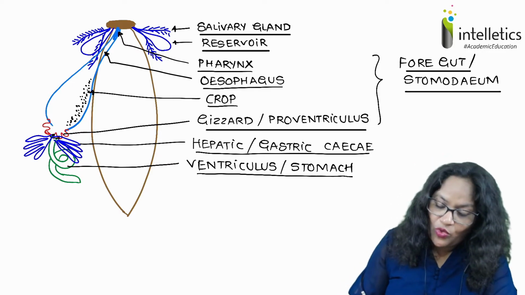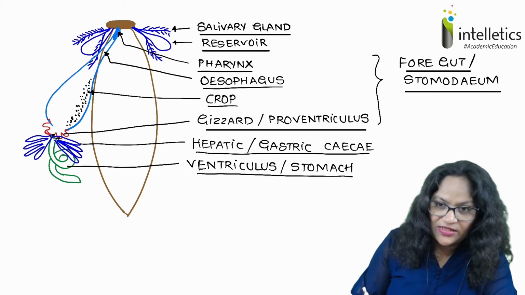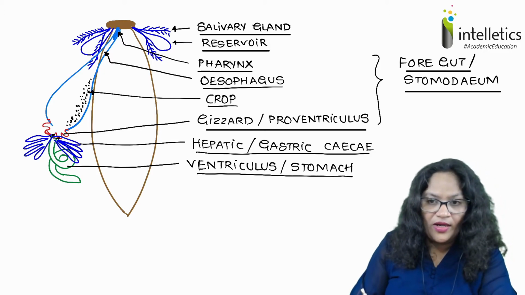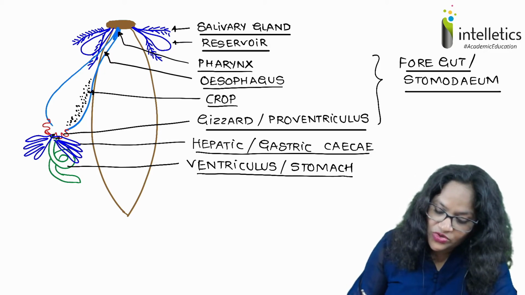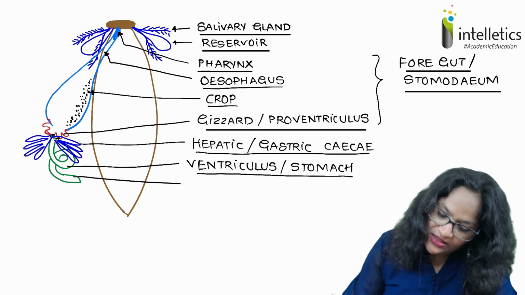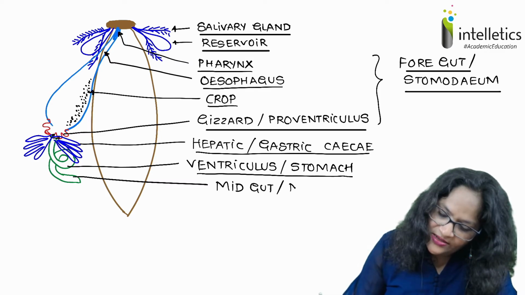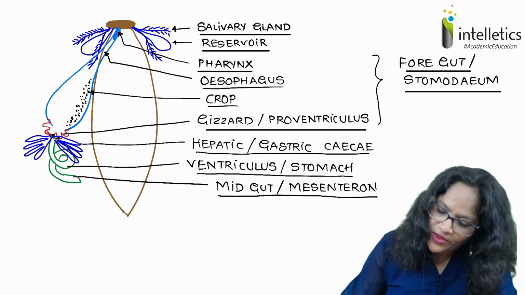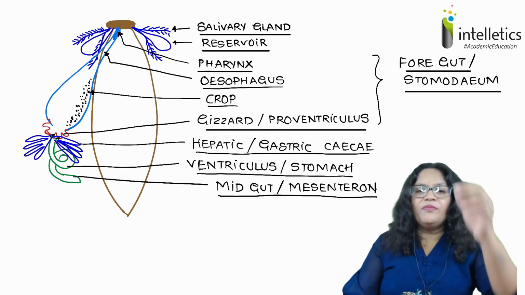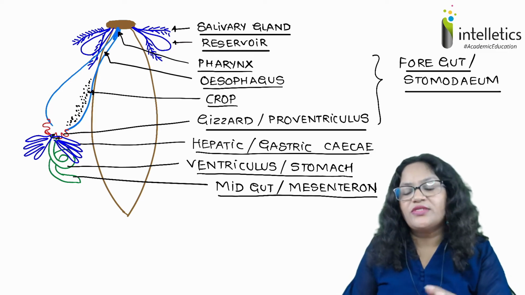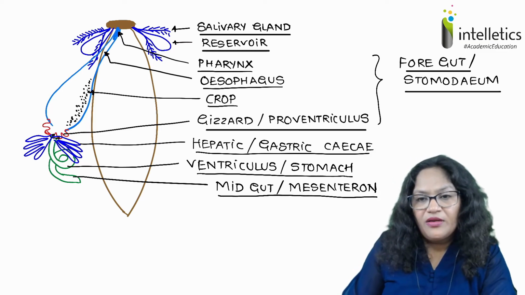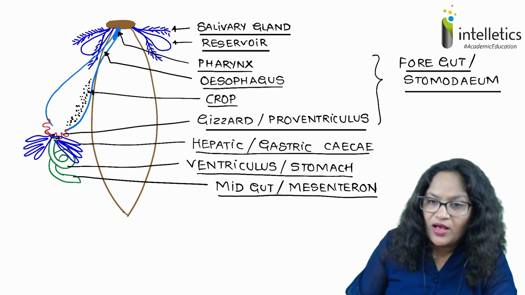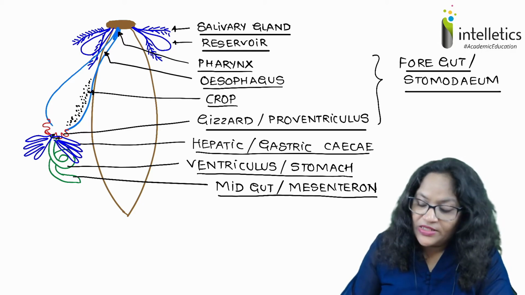And when are they going to open up? They're going to open up in the next part, which is quite a long and a coiled part of the digestive system. This part is basically the mid-gut, also called as the mesenteron. Now, mid-gut or mesenteron is that part or is that area जहां पर maximum digestion भी होगा, absorption भी होगा. ठीक है.